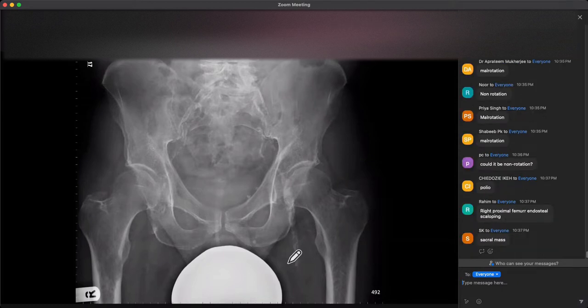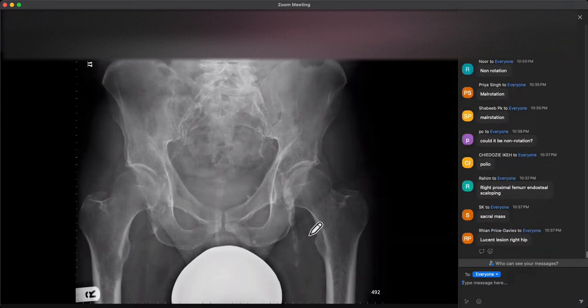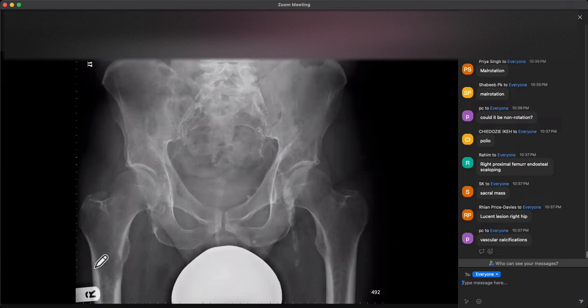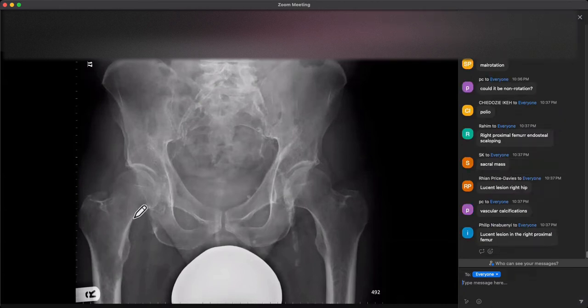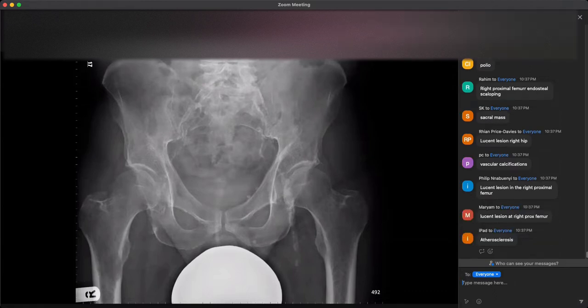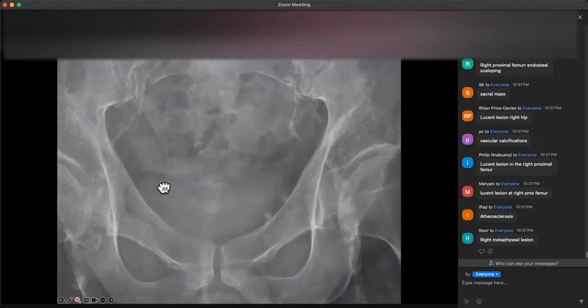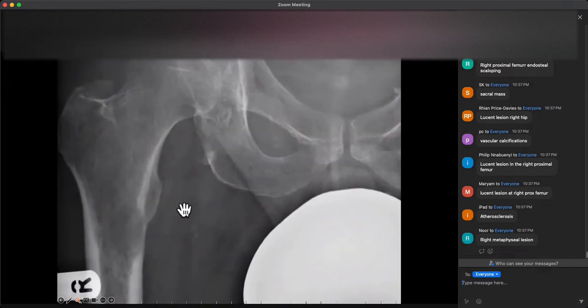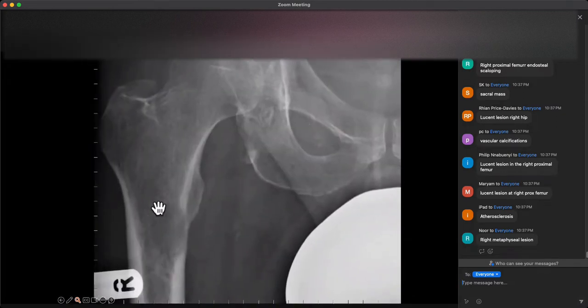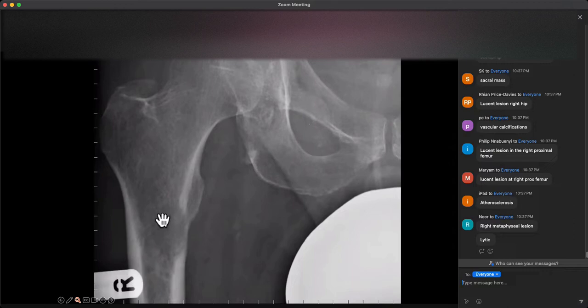It's not polio. Yeah, there's endosseal scalloping. So if you look at the cortex here, it's nice and smooth. The cortex here is nice and smooth, and then we just lose it. So there is loss of the cortex just here. And that's because we've got a permeative bony lesion.